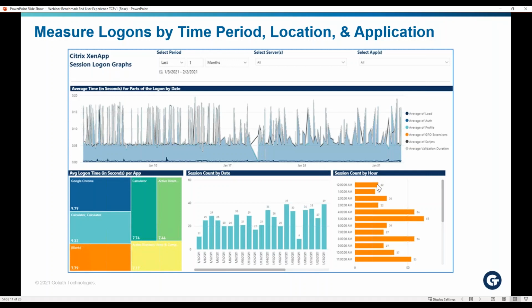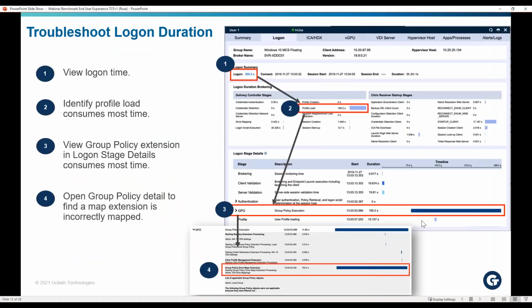With this information, we were able to diagnose specific issues within their logons, because we're collecting, again, this deep and granular metric. Within the console, we're not only reporting and showing this from a high level perspective, but you can drill into the individual user sessions right within the console and quickly pinpoint where there was a high logon time and what the root cause was.